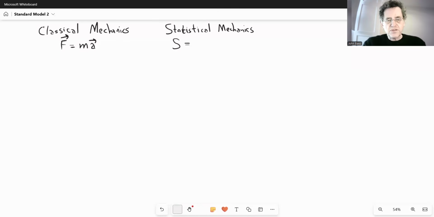And it's equal to minus the sum over all possible states the situation could be in. So I will sum from 1 to n if there are finitely many different possibilities for how things are. And what we sum up is the probability of the ith state of affairs times the logarithm of the probability of the ith state of affairs.